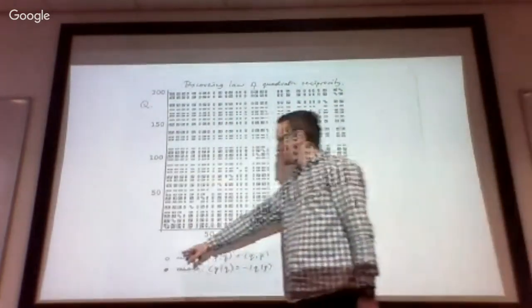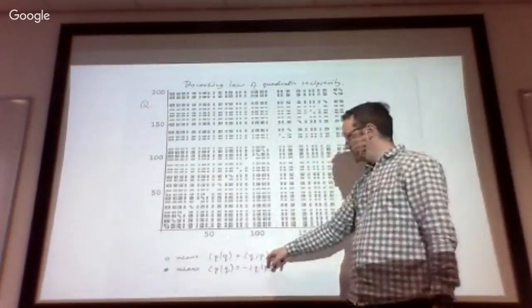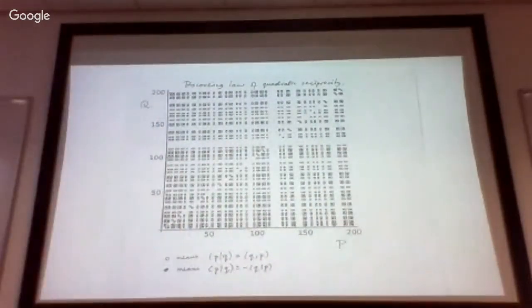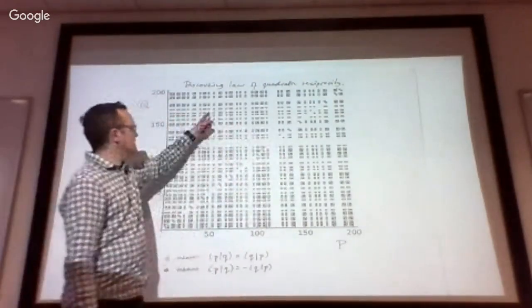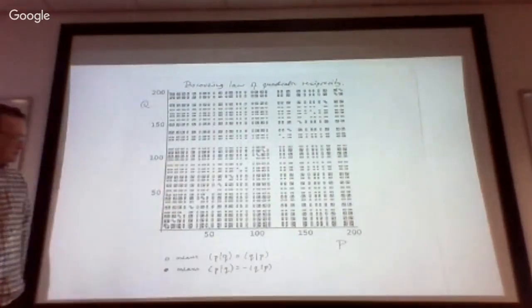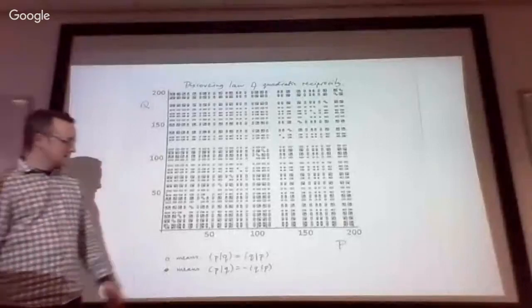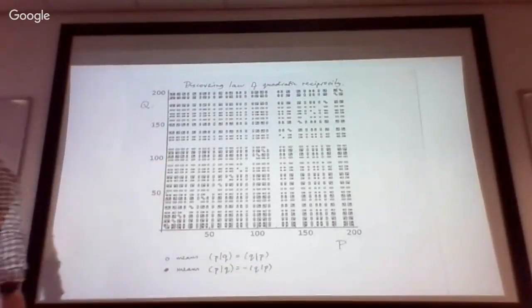The unfilled circle means that (p/q) has the same value as (q/p). That's what the empty circle in one of these positions means. The filled circle, the black dot, means that the Legendre symbols (p/q) and (q/p) have opposite values.